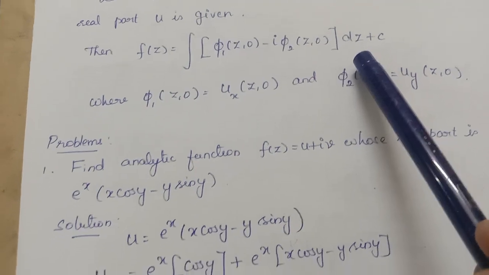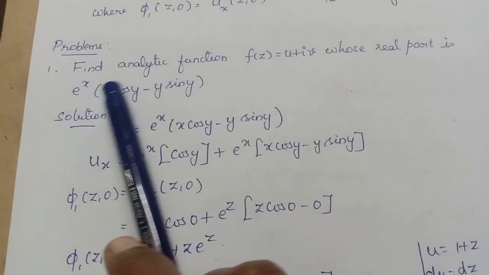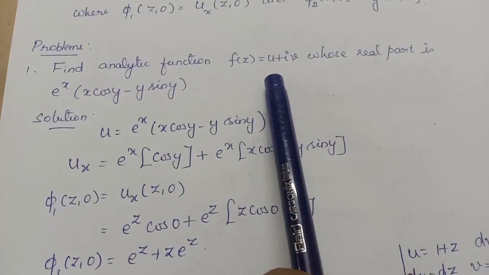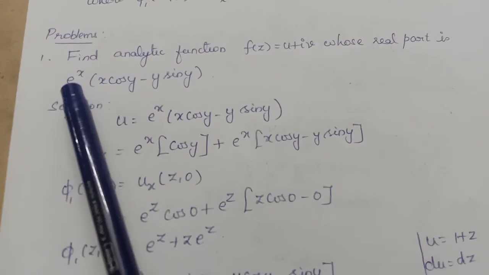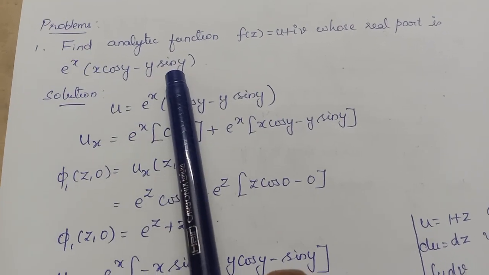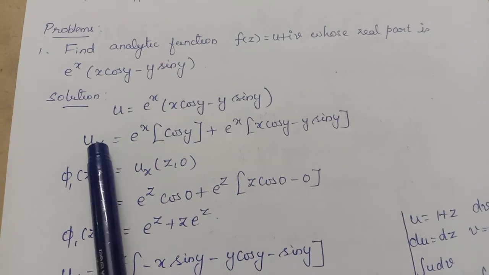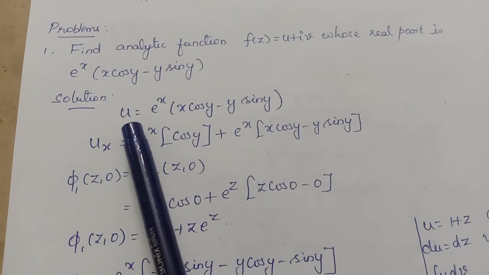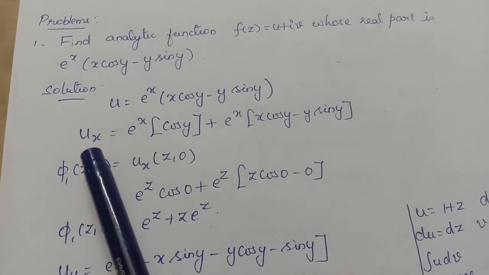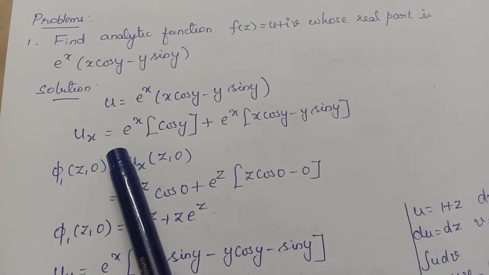Okay, we'll see some examples. Find the analytic function f of z equal to u plus iv whose real part is e power x into x cos y minus y sin y. So the real part is given. Now let me find ux and uy. What is ux? Differentiation with respect to x.